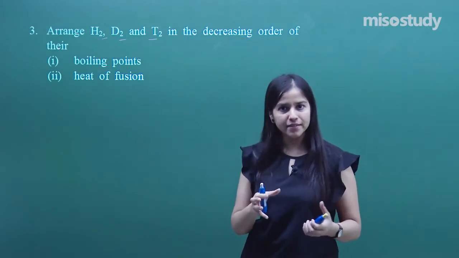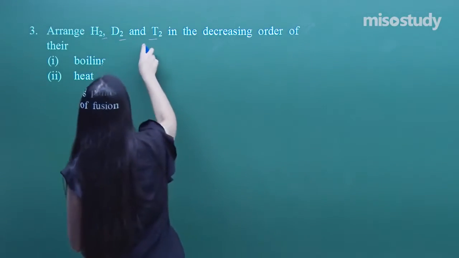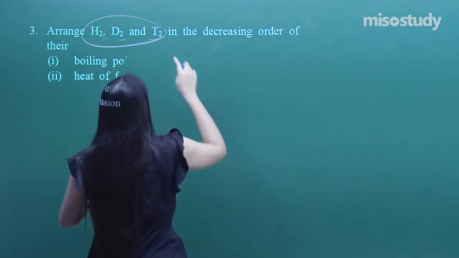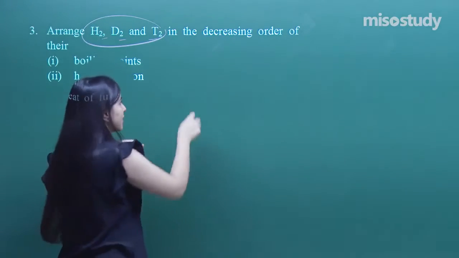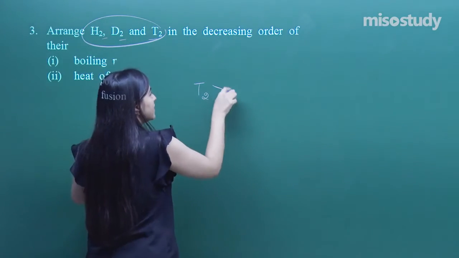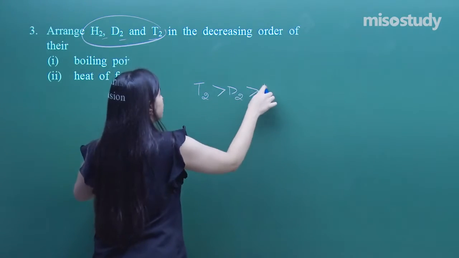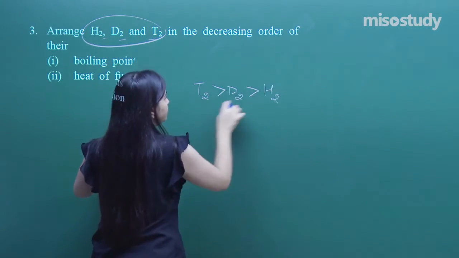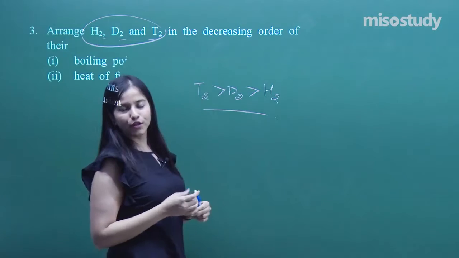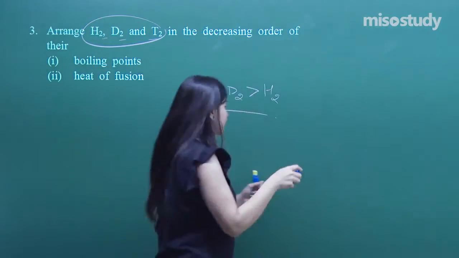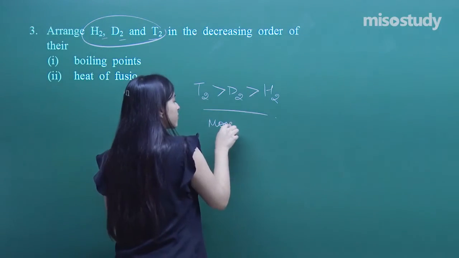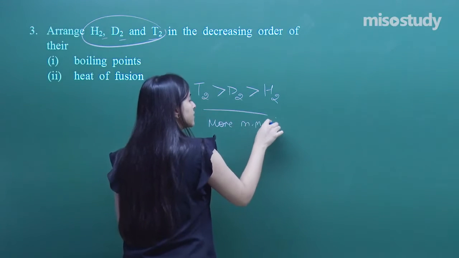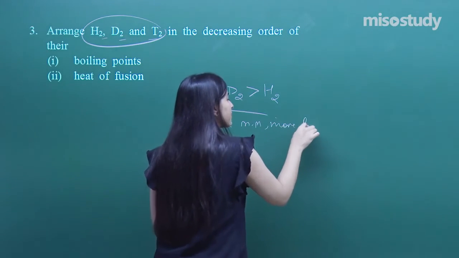We know this, right? So which one will have the most mass? That will be tritium, T2, then D2 and then finally H2. That is my possible order for the boiling point. More molecular mass, more boiling point, right?